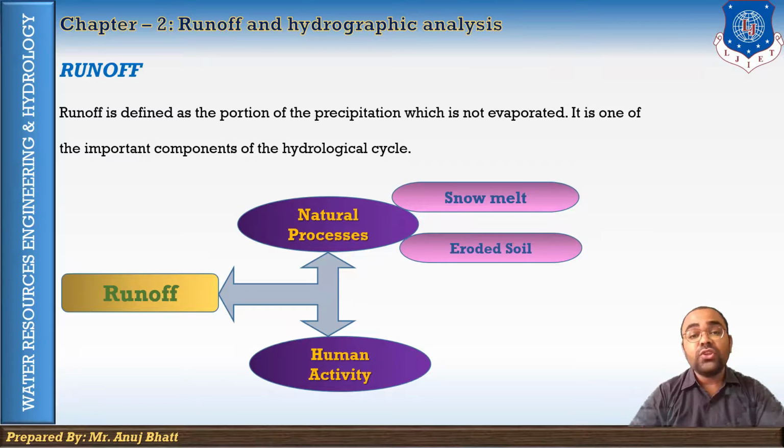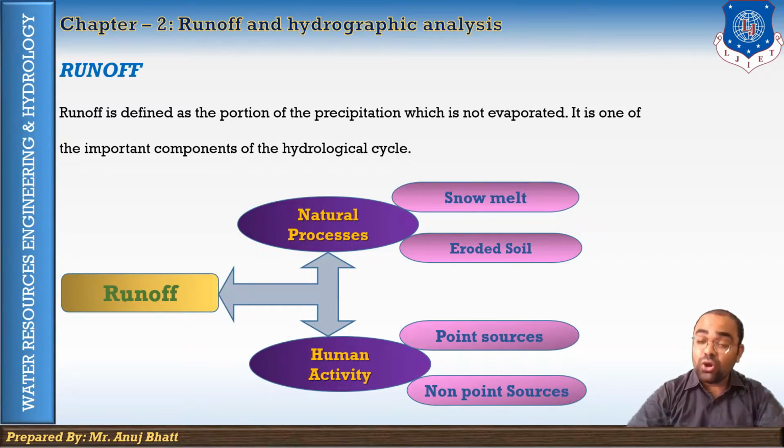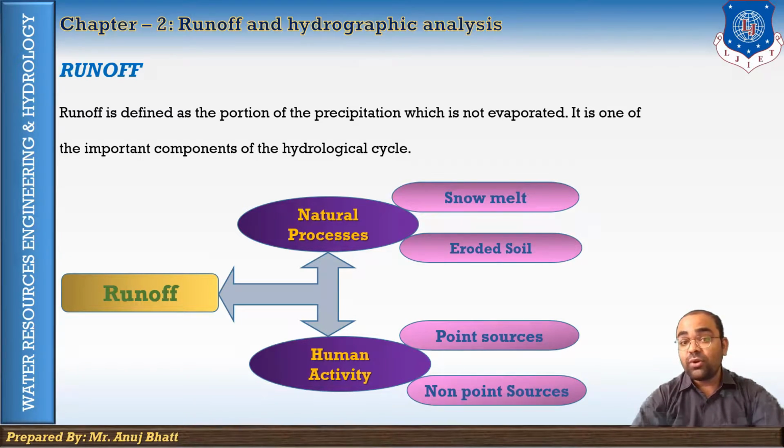Well, if we talk about human activities, runoff from human activities comes from two different places: the first is point source, and the second is non-point source. Now what are these sources? For the point source, pollution is the source that empties directly into a waterway. This might include a pipe from a specific sewage treatment plant, factories, or even from the residential side.